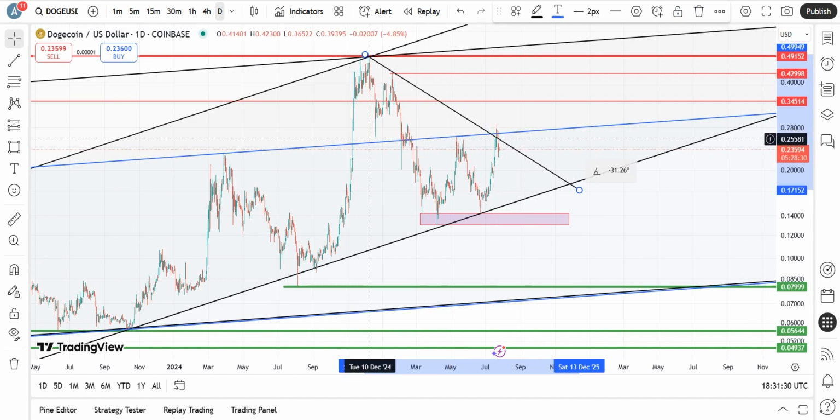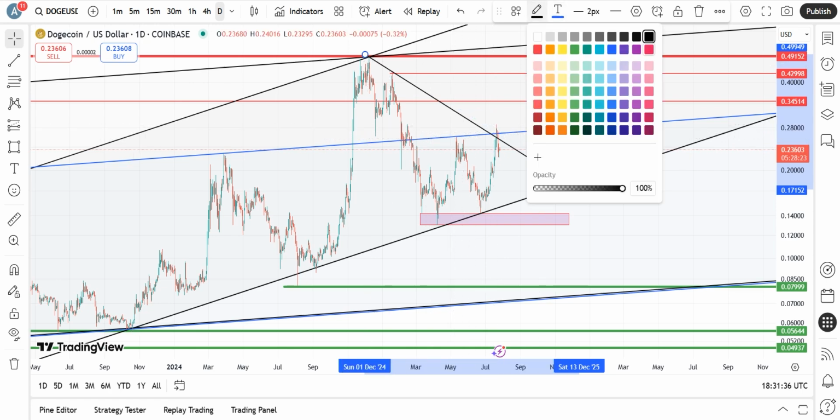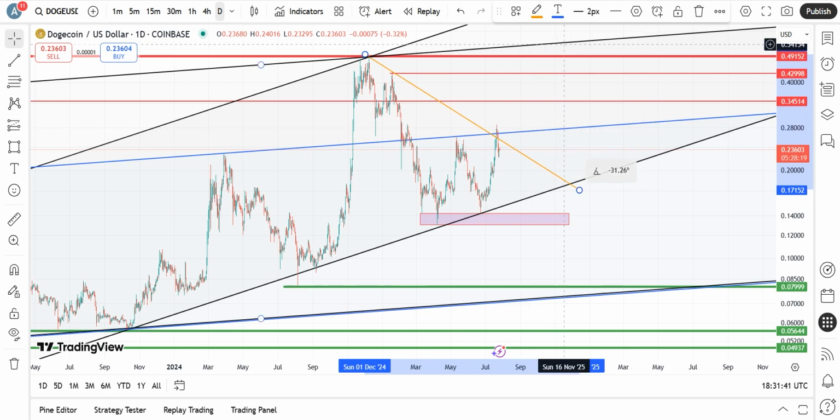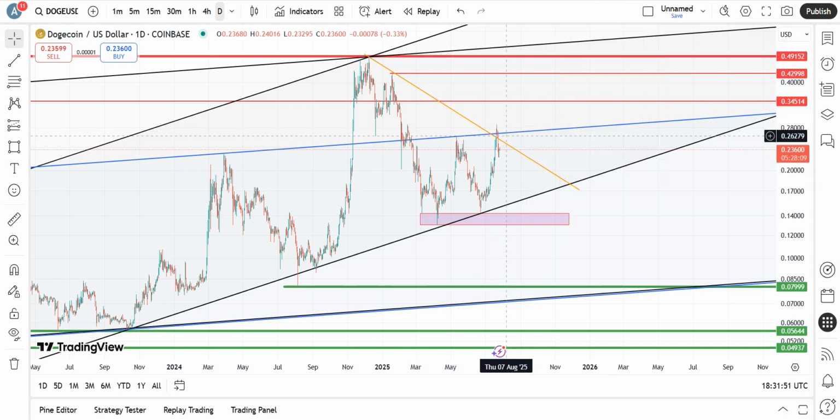But right now, the combination of the blue trend line and the orange trend line is creating for us a kind of stronger resistance, and you can see the reason the price is being pushed down right now.